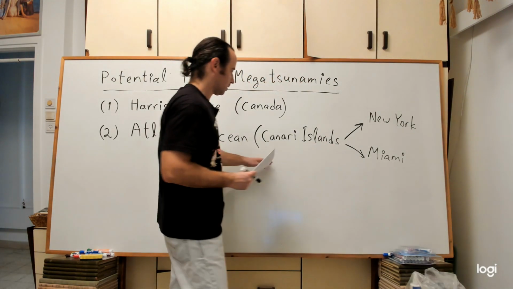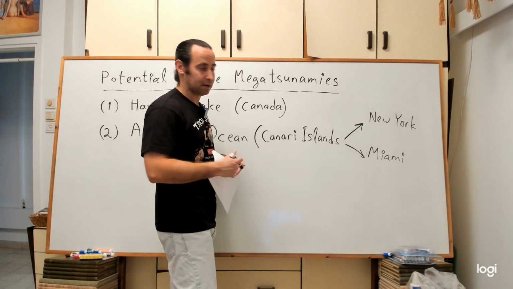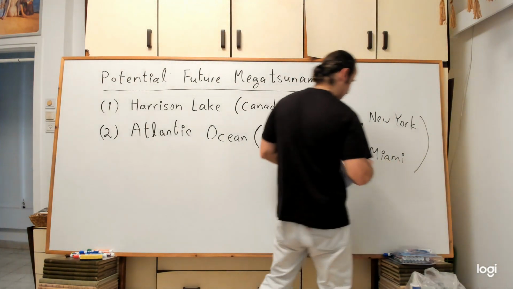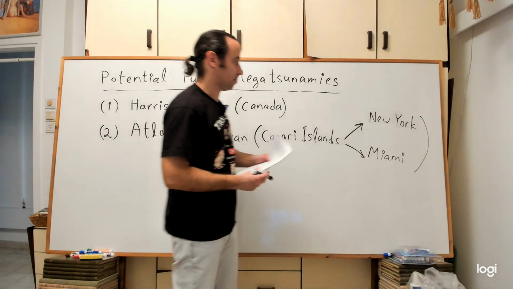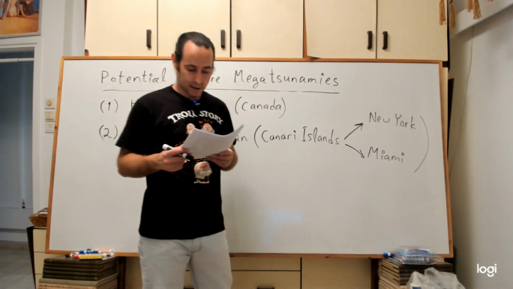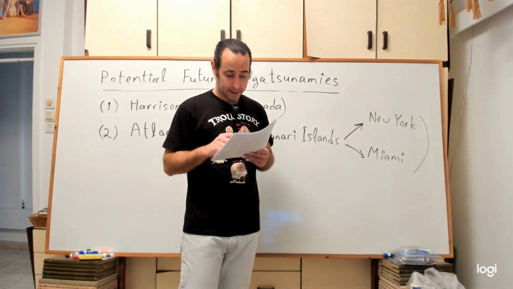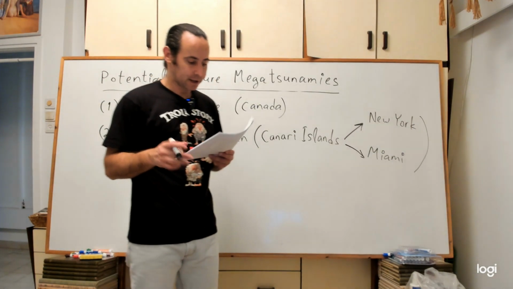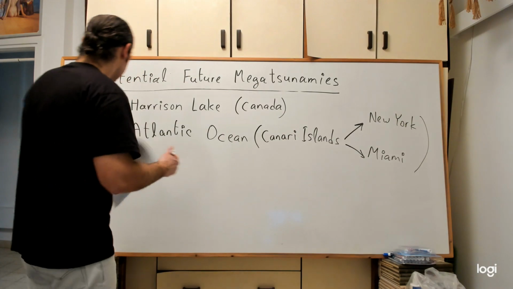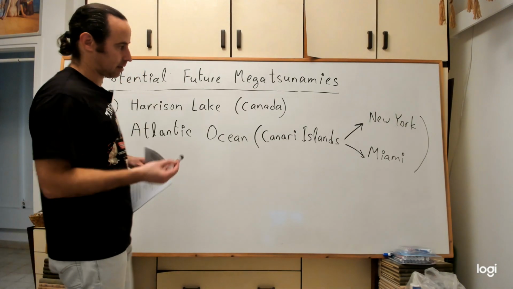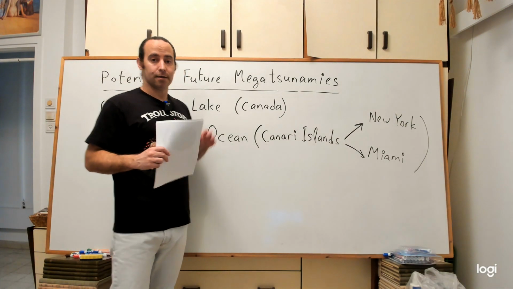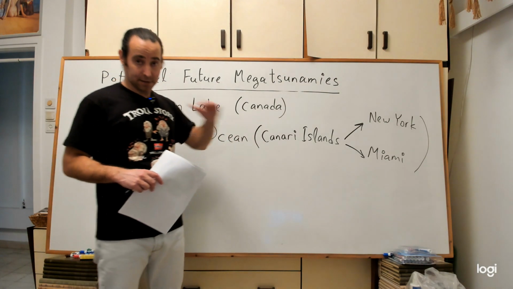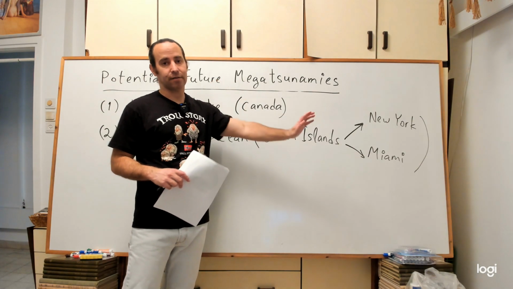Okay, so you understand the danger. There are many people in New York and Miami and all the eastern coast, but especially in the big cities. You cannot evacuate everybody in time. I want to make it clear that the tsunami and also the pyroclastic flow, but especially the mega tsunami, travels very, very fast.